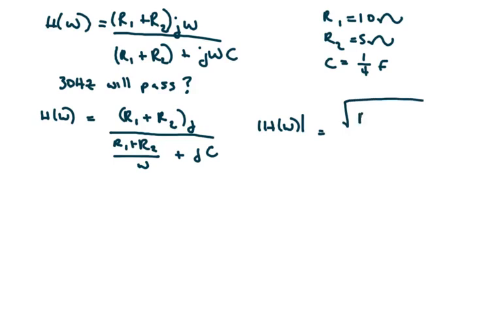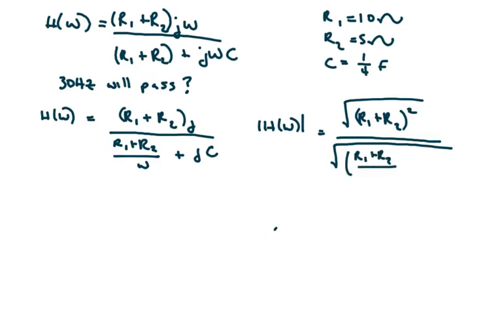So that gives us R1 plus R2, squared, since we only have the imaginary part. And then we have the square root of ((R1 plus R2) over omega) squared plus C squared.